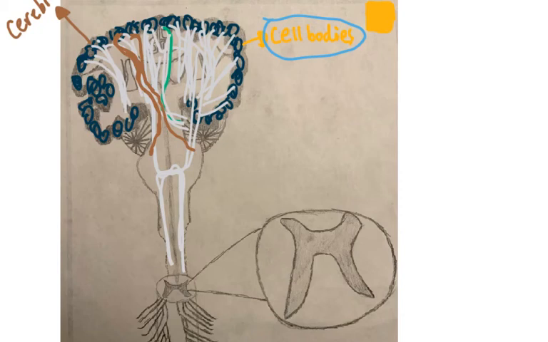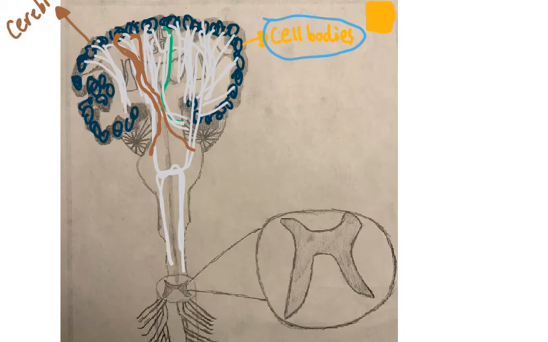In this case, the right side of the brain controls facial muscle on the right side of the body. So we see some crossing over in our corticobulbar tracts and some not crossing over, but for our corticospinal tracts, it's mainly crossing over.